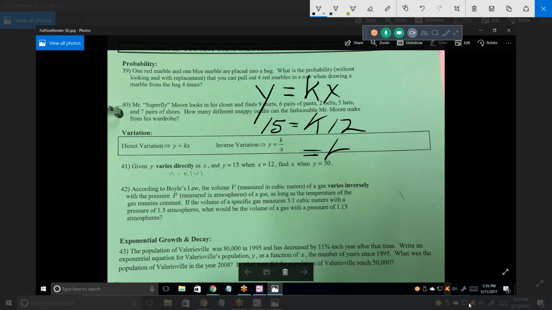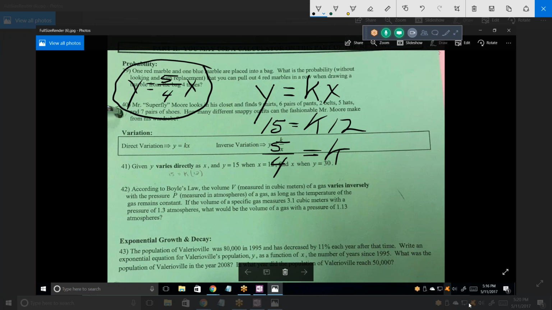So when I solve for k, I get 15 divided by 12, which is the same as 5/4. Now I know my specific equation: y equals 5/4 x. In other words, once you've solved for k, you now have an equation that will answer any question.